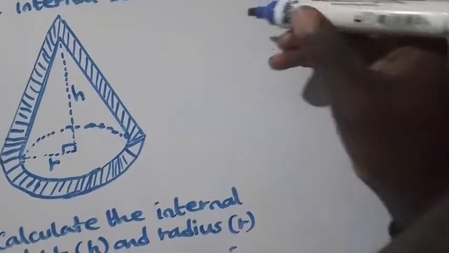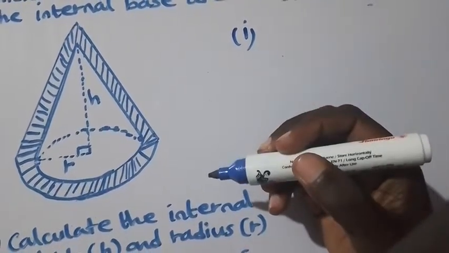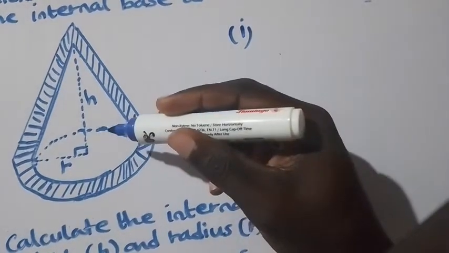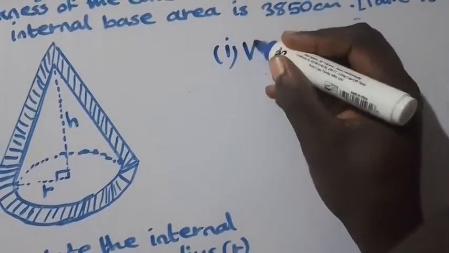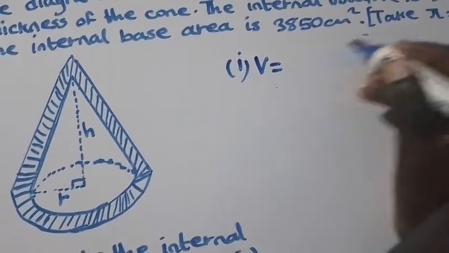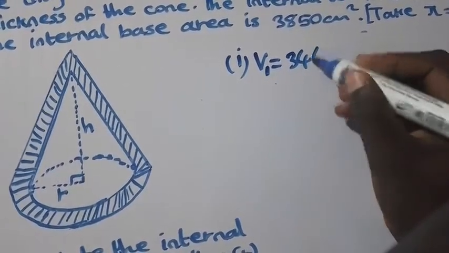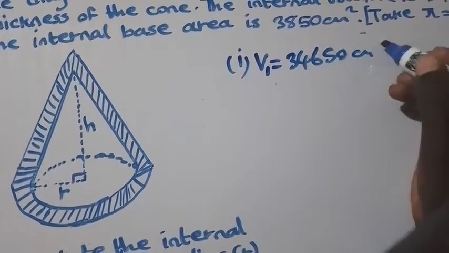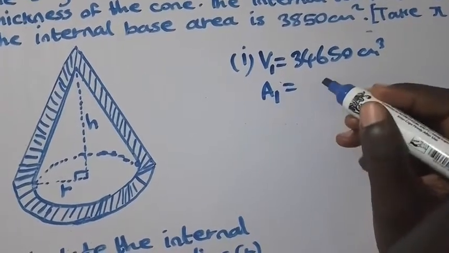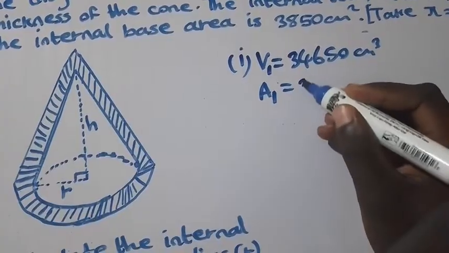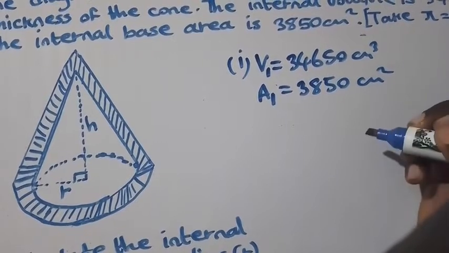So now to answer question 1, we need to be familiar with the formulas of the given data. Since we have volume, internal volume with I, which is equal to 34,650 cubic centimeters, and we have base area of the internal cone, which is 3,850 square centimeters.